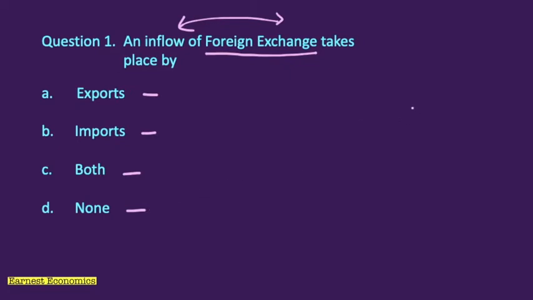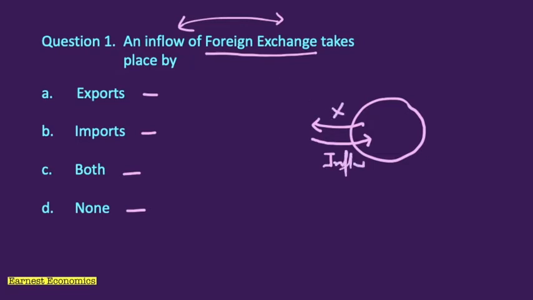Now we know when a country exports its products to the outside world, obviously the outside world has to make payment. Therefore funds move from outside to this country, so there is inflow of funds when we export goods and services.